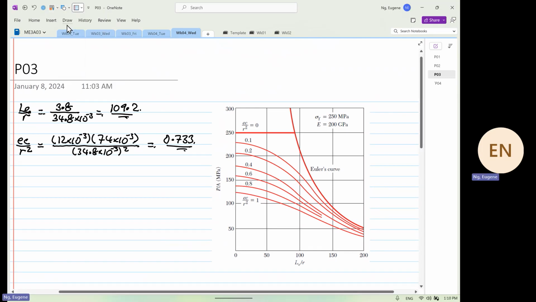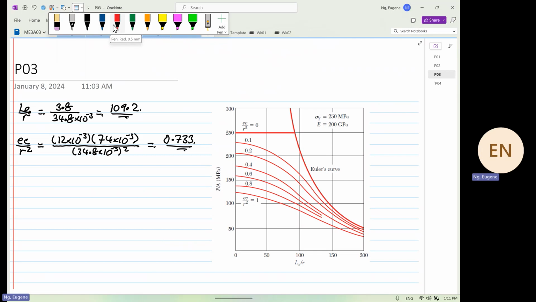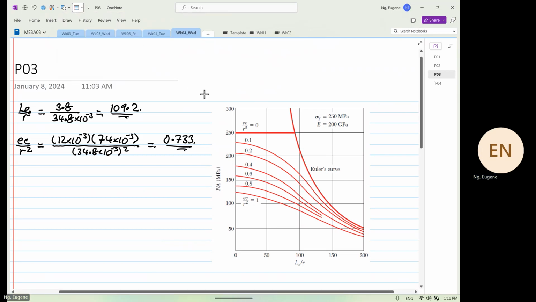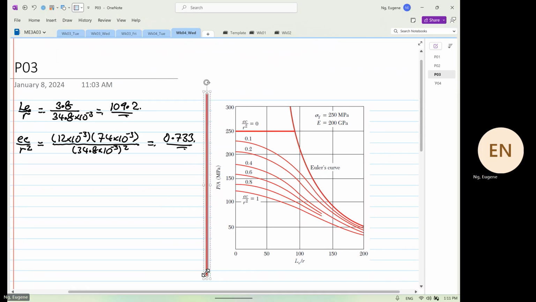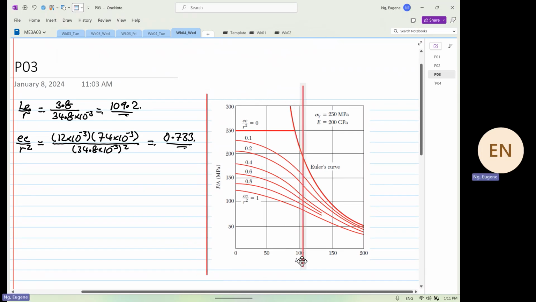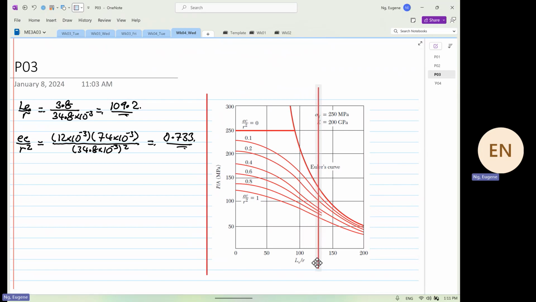So if this question does come out in this form, you have to do this. Okay, you have to draw a straight line and just eyeball. So this 125, 120, 110. Okay, I'm going to eyeball this as 110.